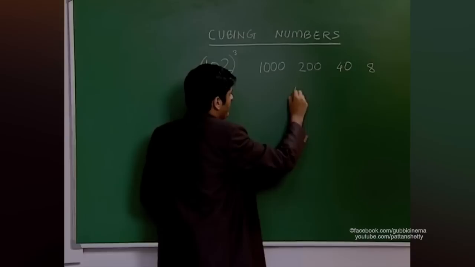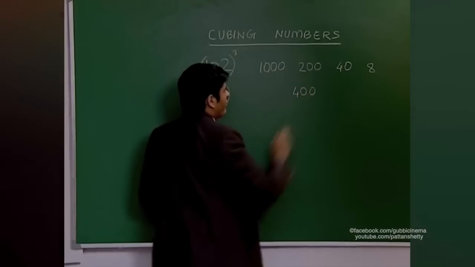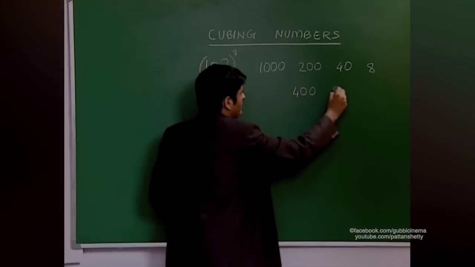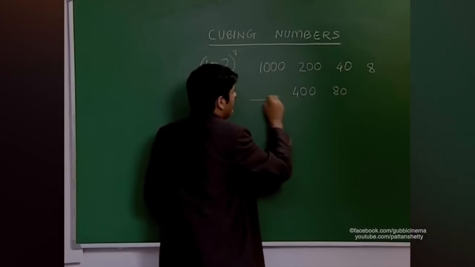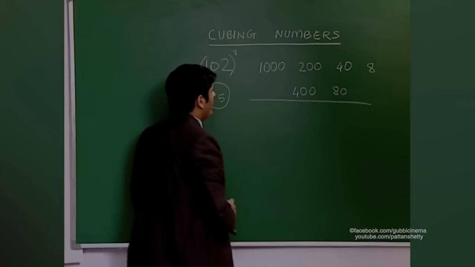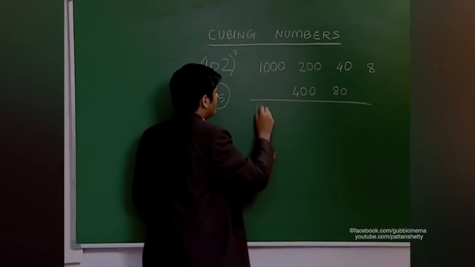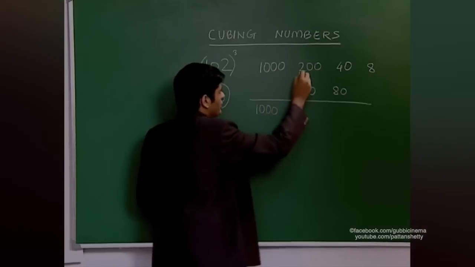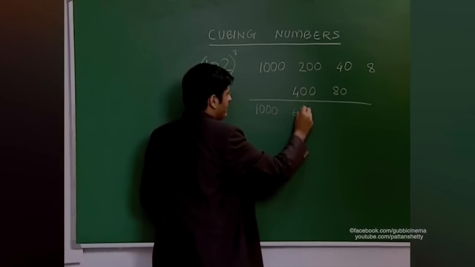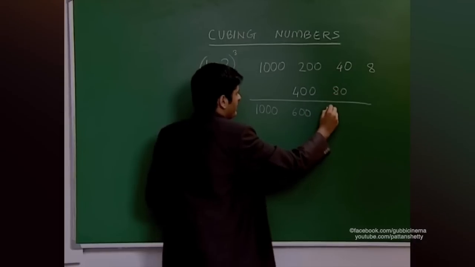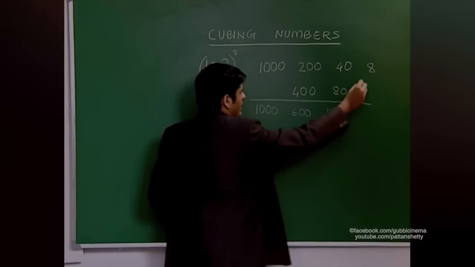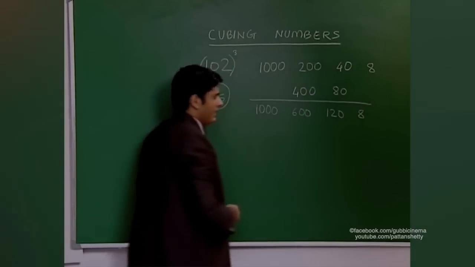Double of 200 is 400 and double of 40 is 80. Let me add up all of it. 1000 will come down as 1000. 200 plus 400 is 600. 40 plus 80 is 120. 8 comes down as 8.